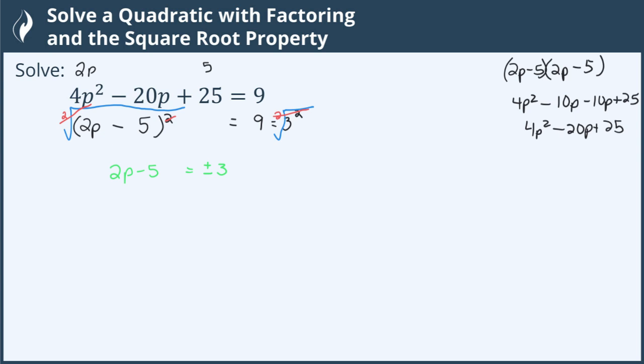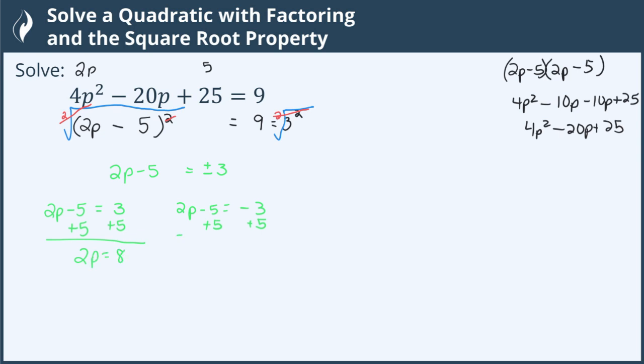We're solving for p, so what we'll do is take 2p minus 5 equals positive 3, and then 2p minus 5 equals negative 3. Okay, and on both of them, we're going to add 5 to both sides. And when we do that, over here we're left with 2p equals 8.